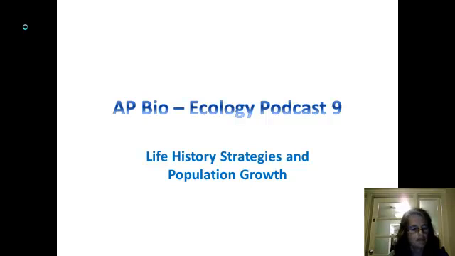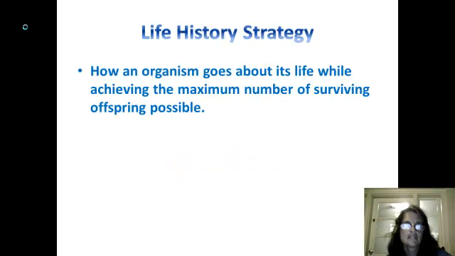So we're going to talk about life history strategies, which is basically your method for reproduction and leaving offspring and getting through a life cycle. Okay? So, how an organism goes about its life while getting the maximum surviving offspring possible.